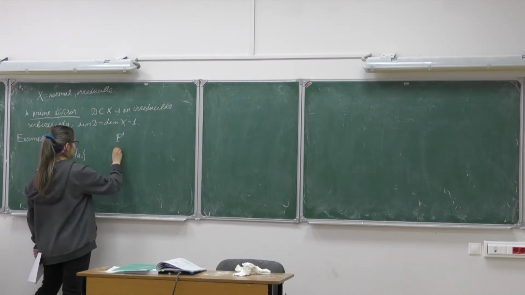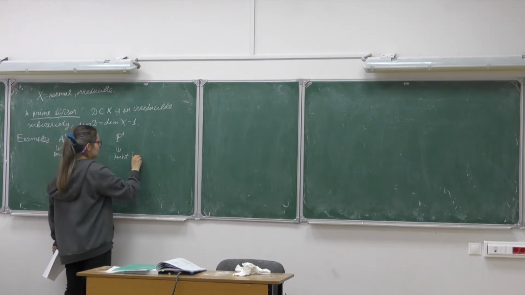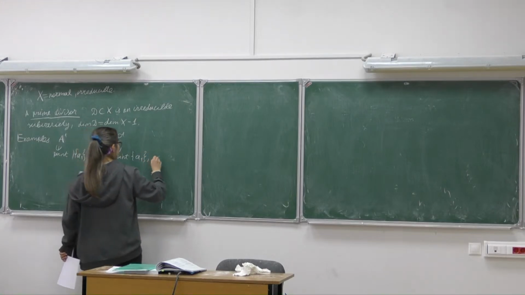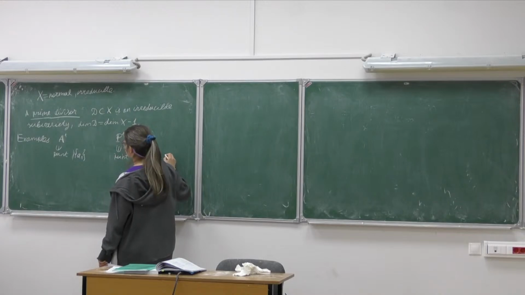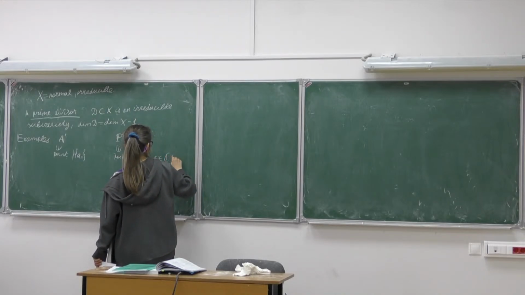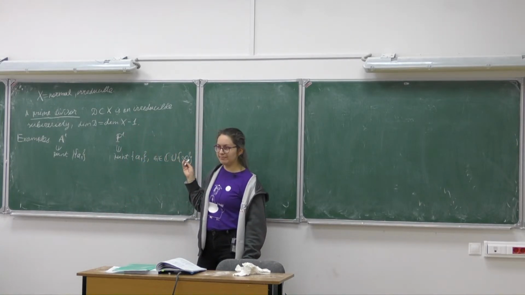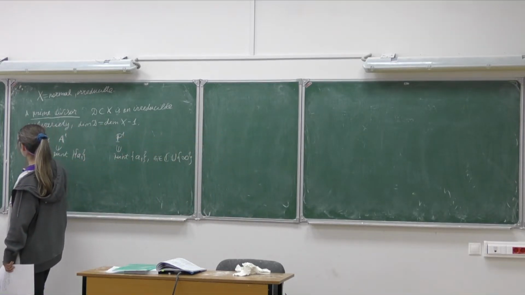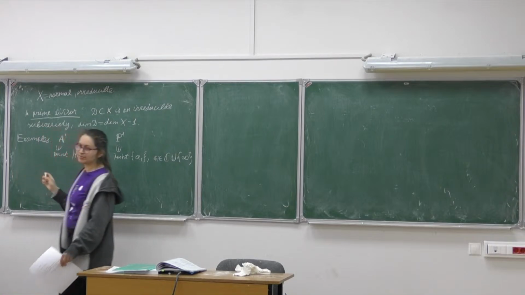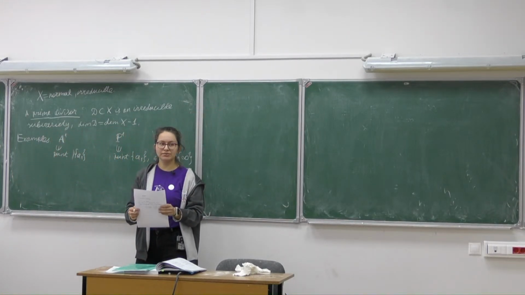And here any other point a in A1, where a is either a complex number or infinity. Works well. This is a prime divisor. Okay? We will have many different kinds of divisors. So first of all, this is prime divisor. What for do we need it?